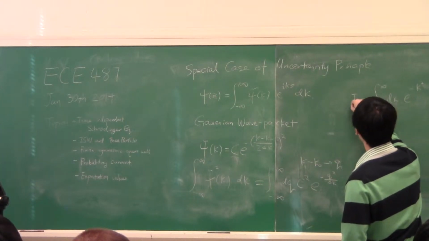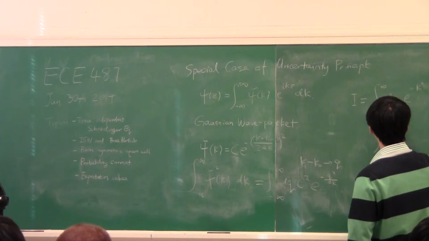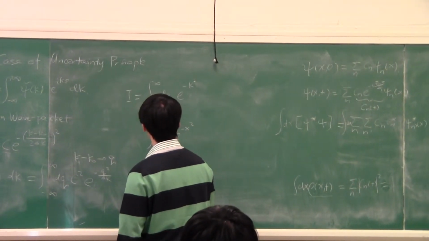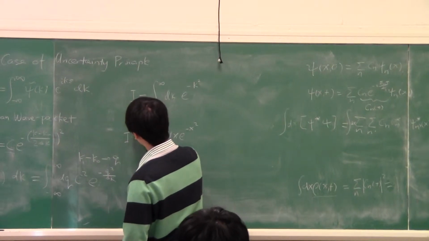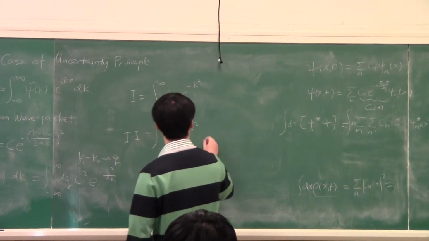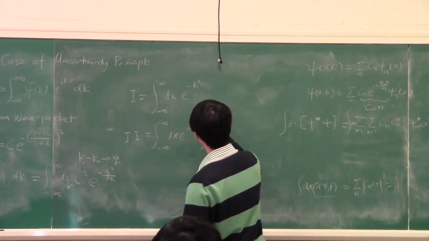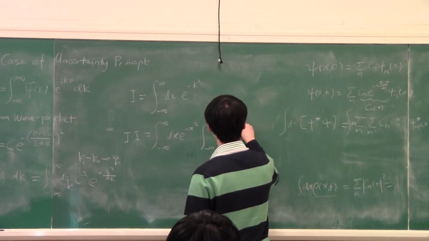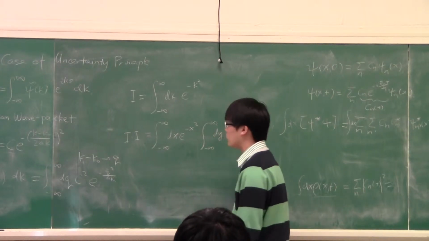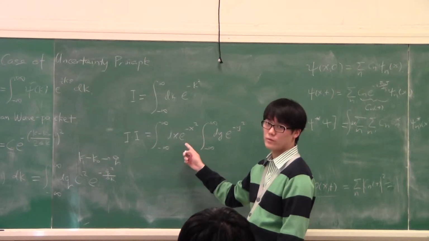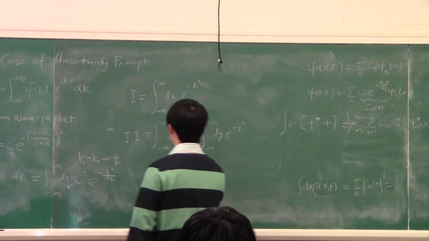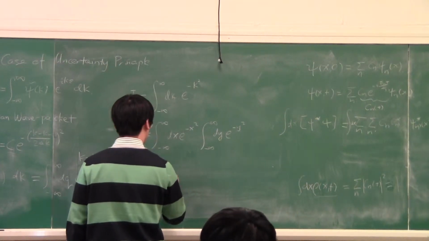Let's call this I. One copy, I'm considering I times I. And then I make another copy. Let's call that integration variable y. And now I'm sure that these integrals will converge, right? Because it's flying out like a Gaussian. So let me combine the 2 integrals.